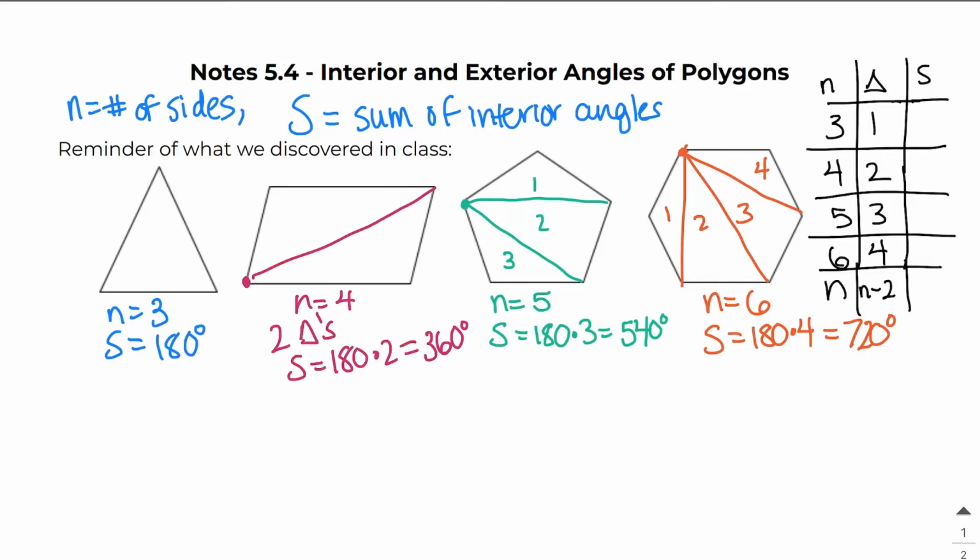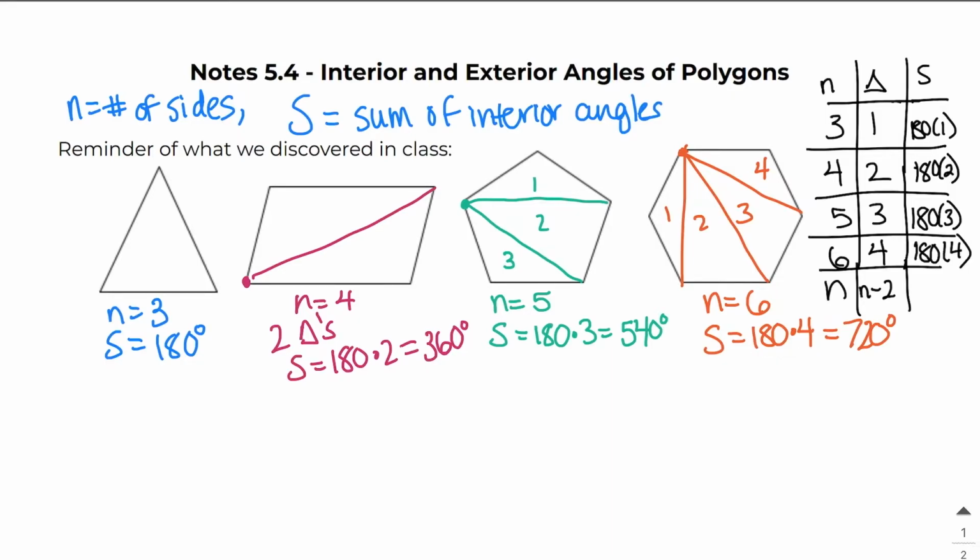Now, to figure out what the angles add up to in our polygons, here I would do 180 times 1 because there is one triangle. For this one, I did 180 times 2 because there were 2 triangles. For this one, I did 180 times 3 because there are 3 triangles. Here, I did 180 times 4 because there are 4 triangles.